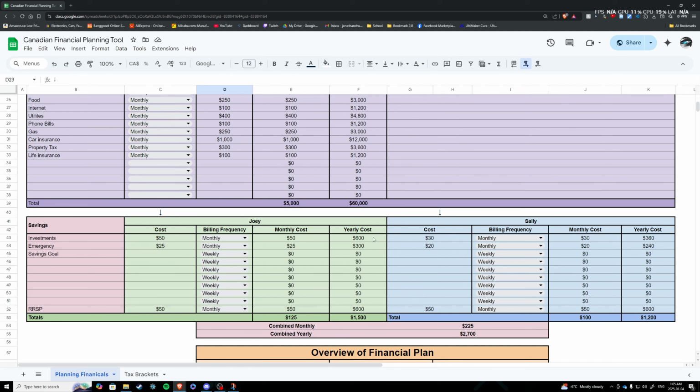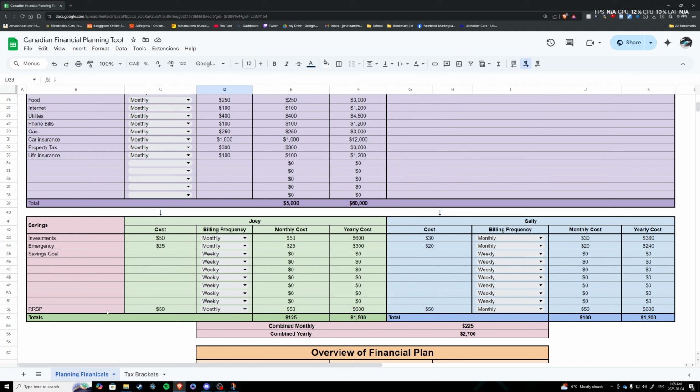If we go over to Sally, we can see that Sally's using a different amount. She's putting in $30 a month and $20 for emergency. I just chose round values, so it just looks nicer.